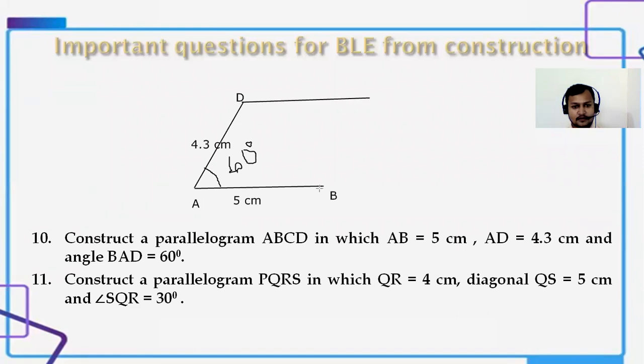And similarly 4.3 centimeter from B, we have to draw a 4.3 centimeter line segment again. And this will be the point C. Okay, so this is our rough figure. In the same way we have to draw a construction. While constructing, we have to follow this procedure: take a line segment of 5 centimeter and then 60 degrees, 4.3 centimeter, 4.3 here, 5 here also.